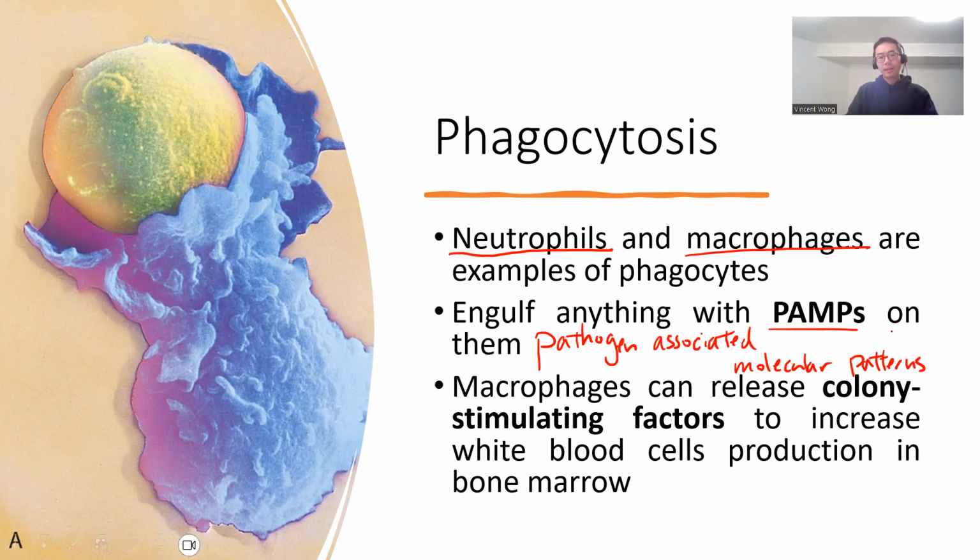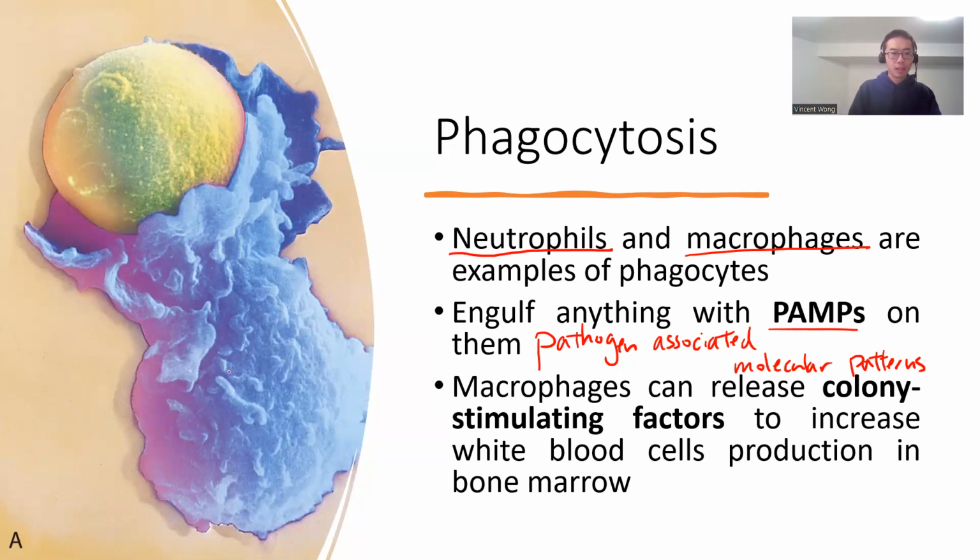These are a group of molecules that can be found on pathogens. And if the white cell sees these particular molecular patterns, they know that is not supposed to be in the body, and then they will go and eat them up.